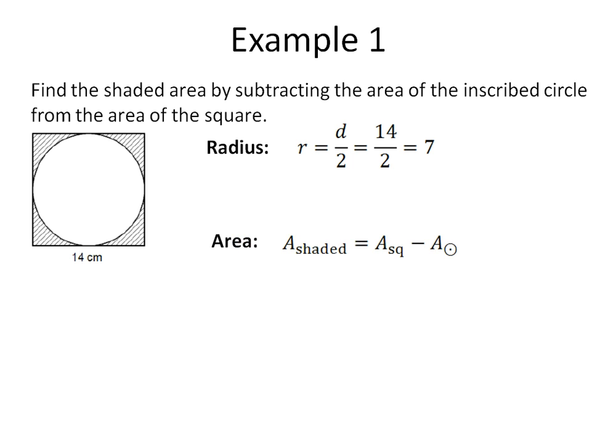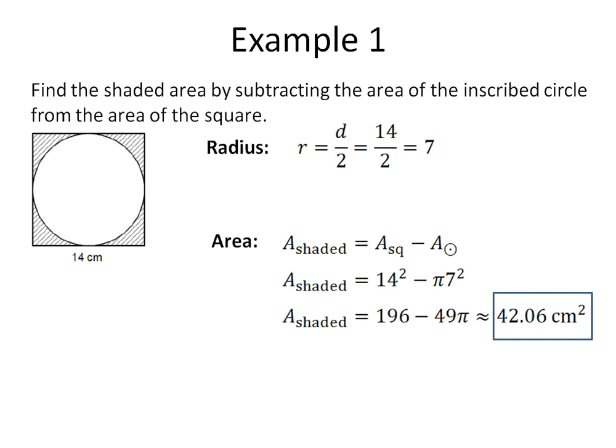The shaded area is going to be given to us by the area of the square minus the area of the circle. So the shaded area is equal to 14 squared minus pi times the radius 7 squared, which gives us 196 minus 49 pi, which is approximately equal to 42.06 square centimeters.